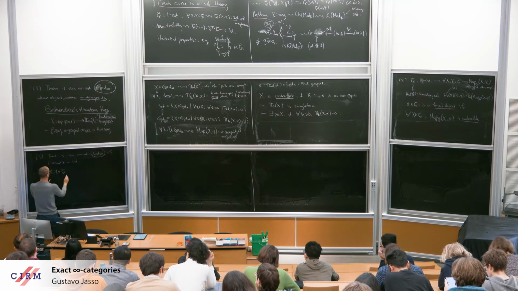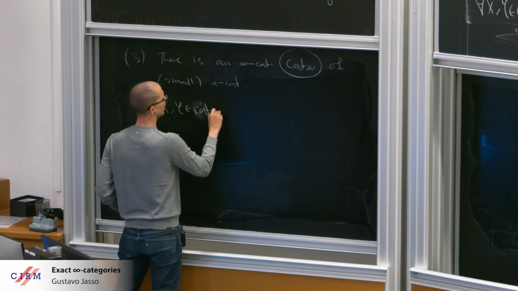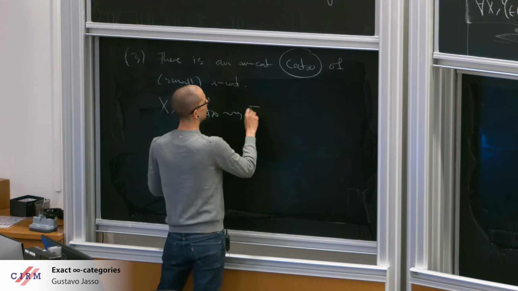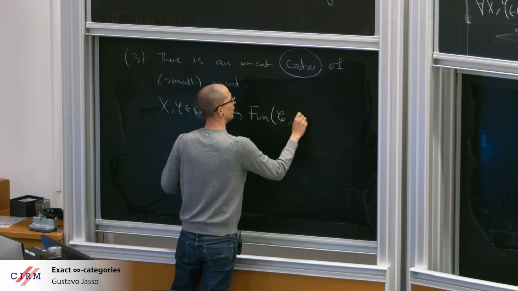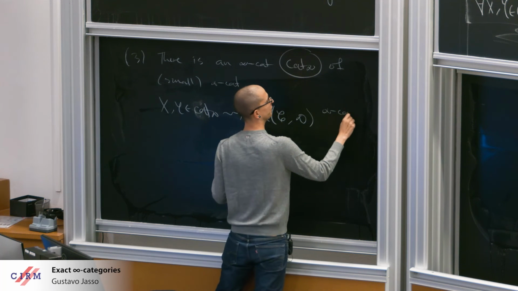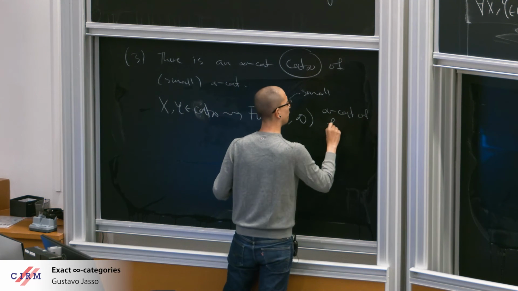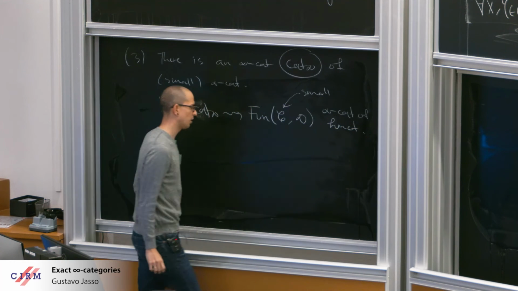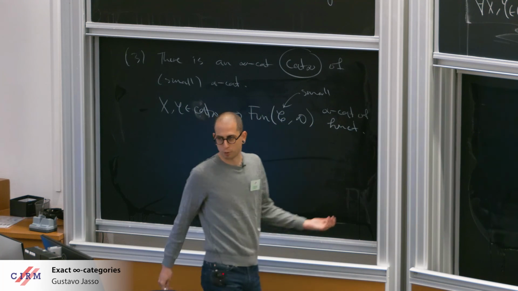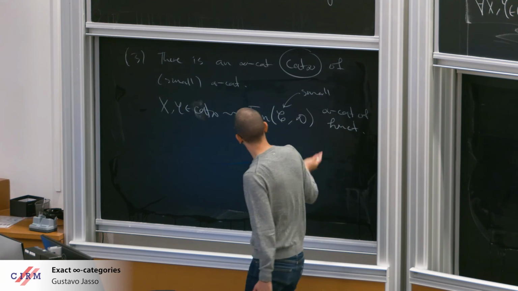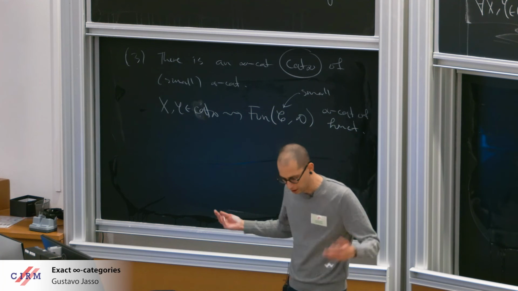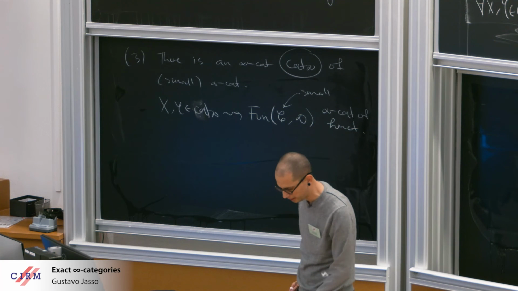Given two infinity categories, I can form the infinity category of functors. And in fact, I just need the first one to be small, just in the usual story. This also satisfies an appropriate currying adjunction with respect to the product of infinity categories, etc. So that's all very nice.